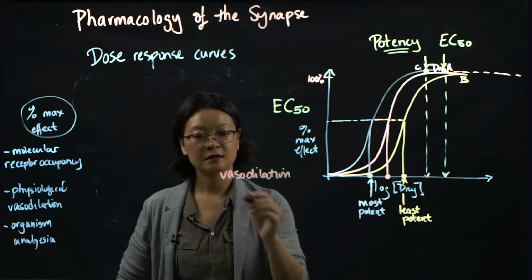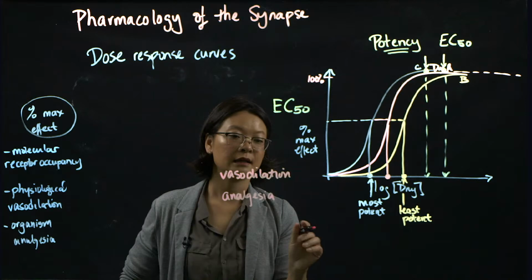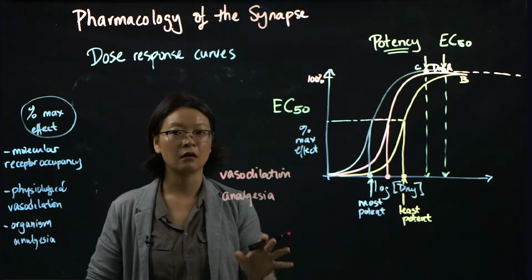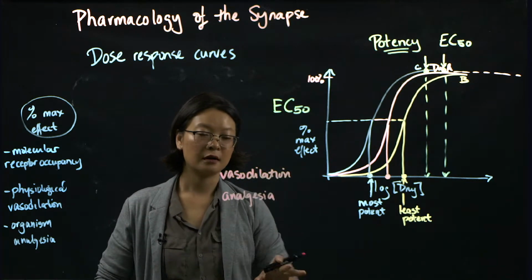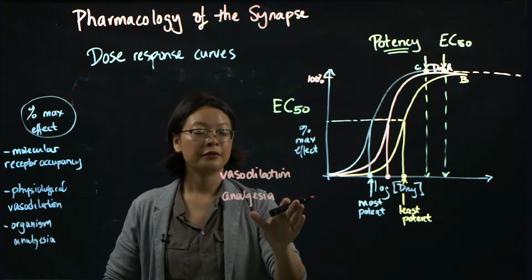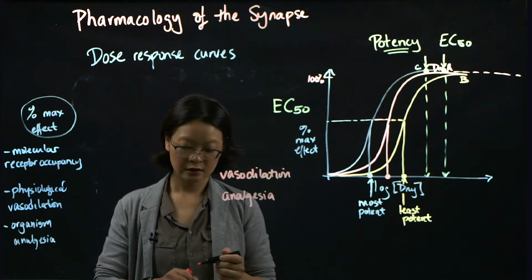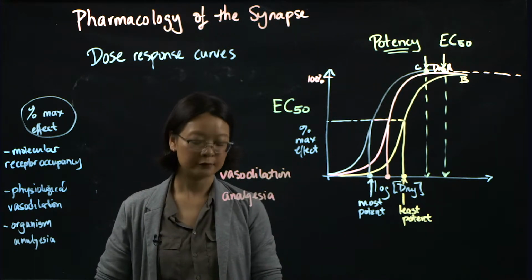Same thing for analgesia. We often don't need a drug to completely block all sensation for a patient to get benefit from analgesia. So therapeutically, drugs often work within the EC50 range that produce therapeutic benefit.